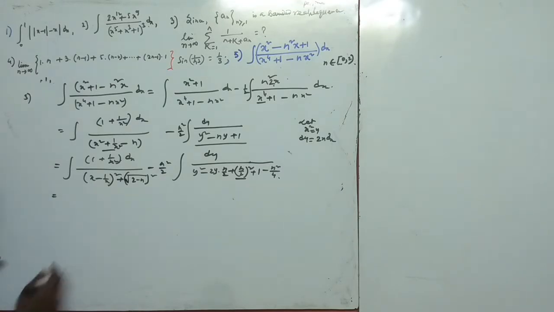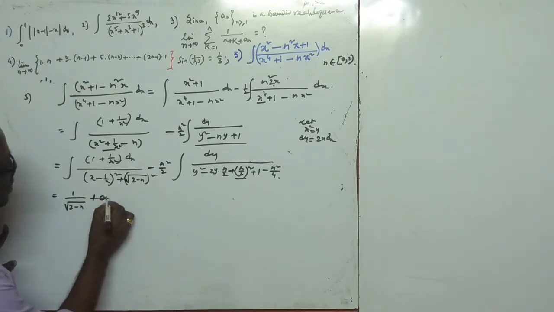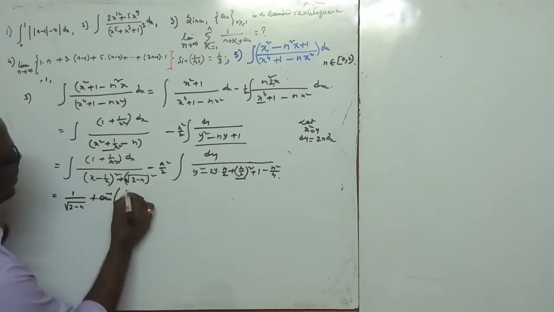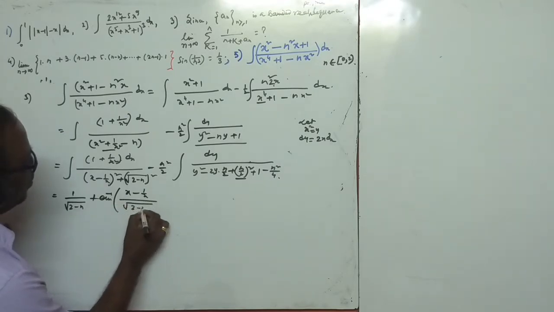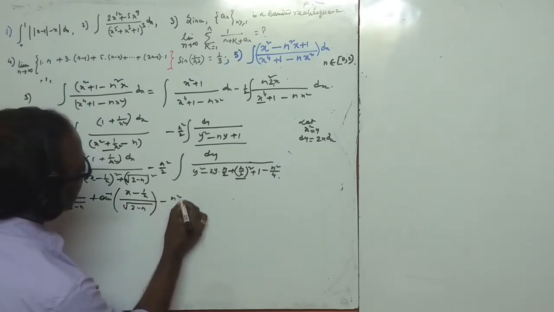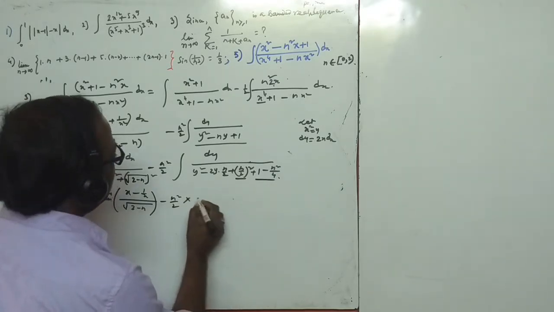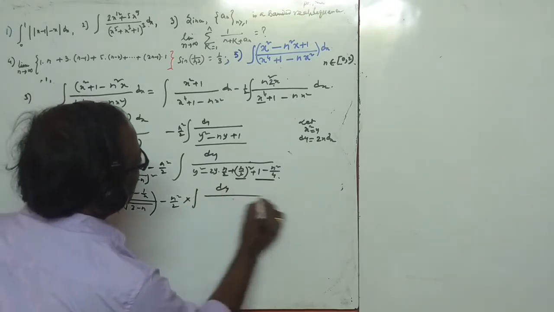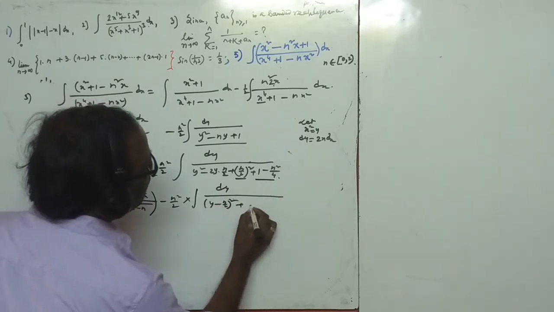So that's why the formula gives 1/a, that is 1/√(2 − n), times tan⁻¹((x − 1/x)/√(2 − n)). Minus n²/2, and that also has to be written in the formation dy / ((y − n/2)² + ...), and that is 4.